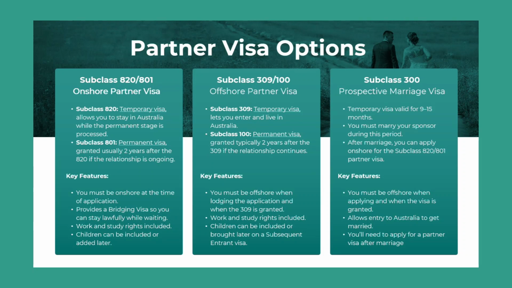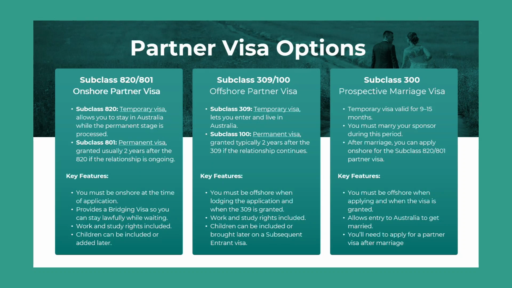And there is what we call the prospective marriage visa. What are the benefits of the prospective marriage visa unlike the partner offshore visa? The prospective marriage visa is an application where the applicant needs to apply offshore. If the applicant is offshore, they need again to wait for the approval.